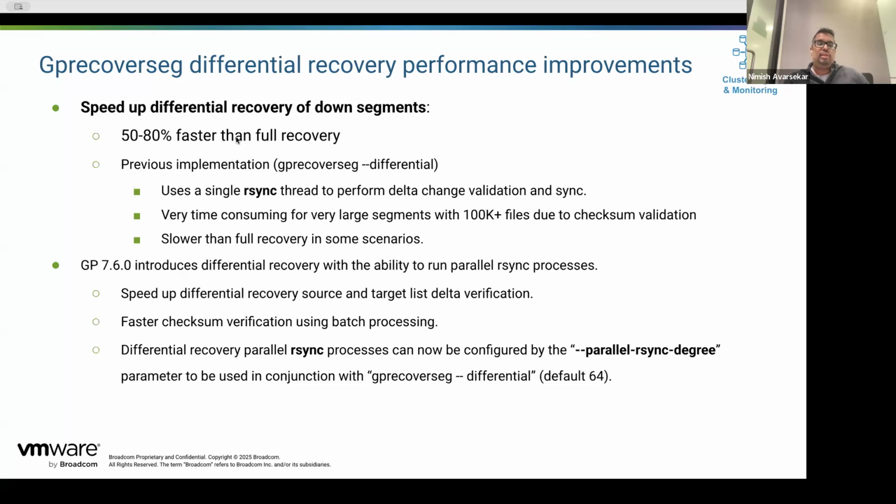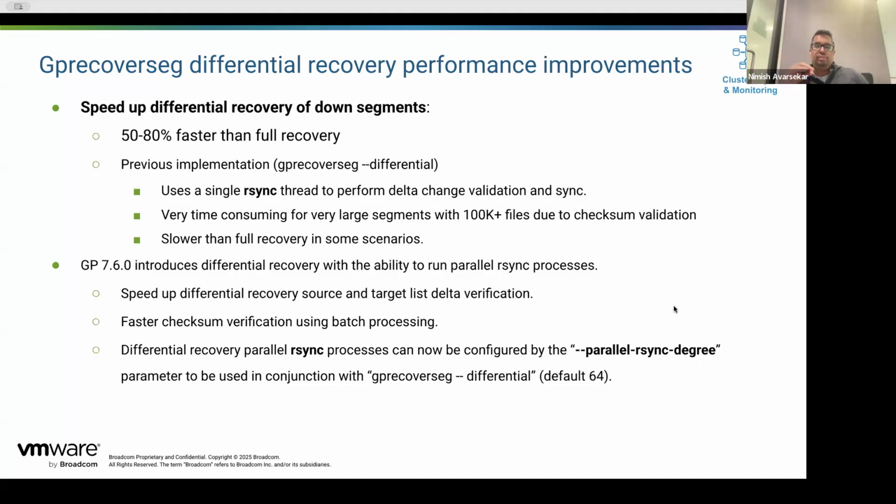Starting 7.6, you can now introduce multiple rsync processes for each segment. We now have a flag called parallel-rsync-degree, which allows you to specify the number of rsync processes that can be run in parallel.